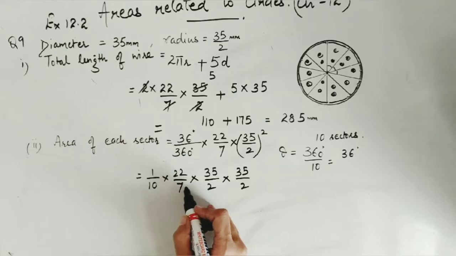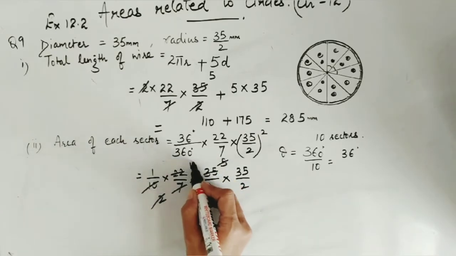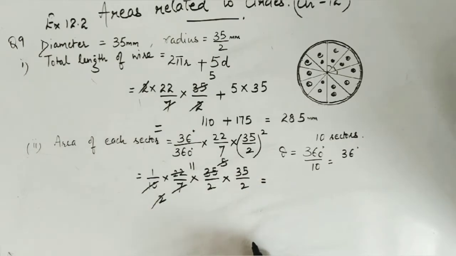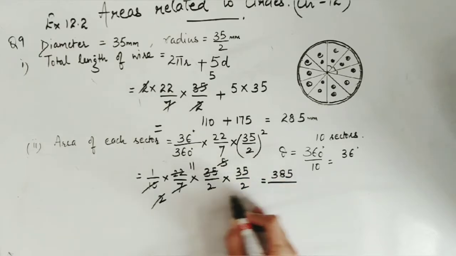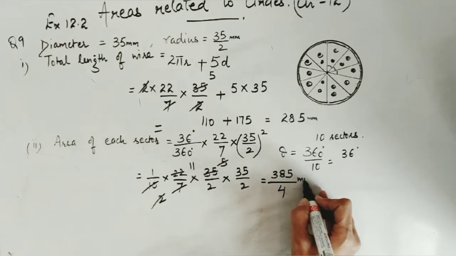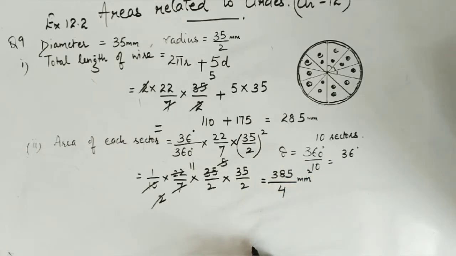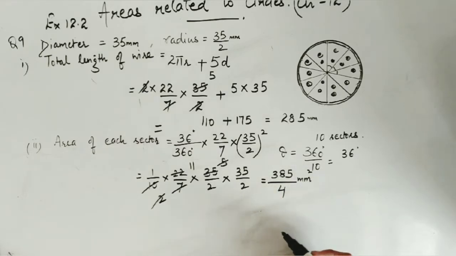Solve it further, this is 5, this is 2, this is 11. Okay, 35 into 11 would be 385 and the denominator is 4. You can further solve it or just leave it here. 385 by 4 millimeter square. That's how the answer can be further calculated approximately in decimal form.